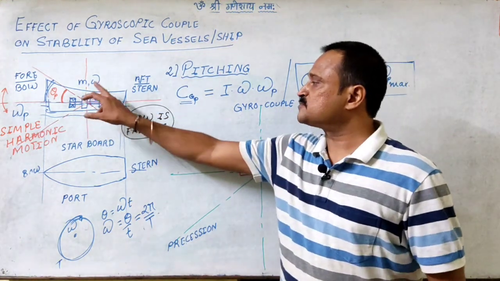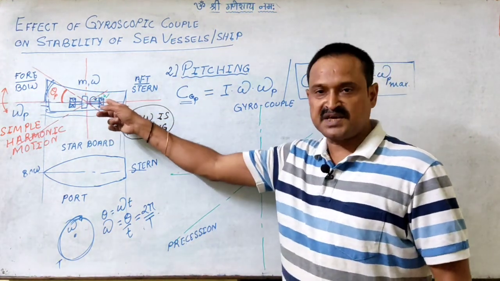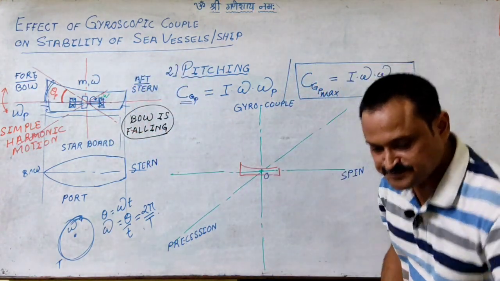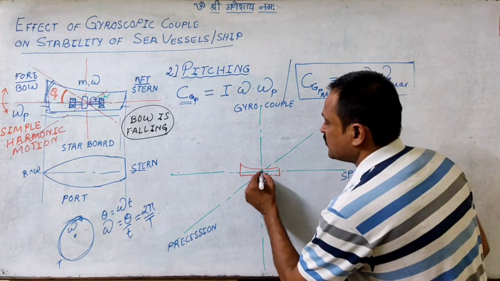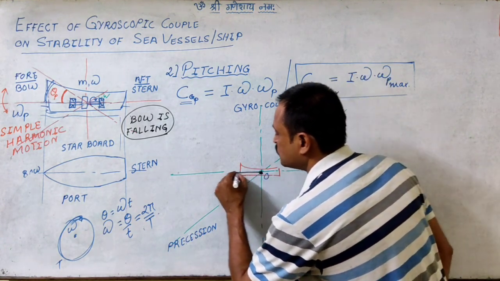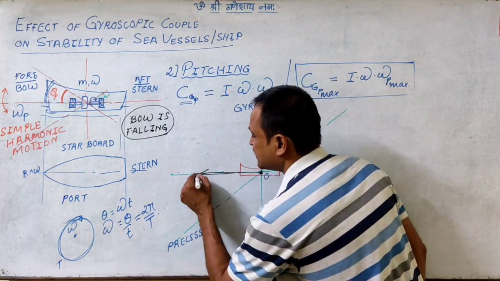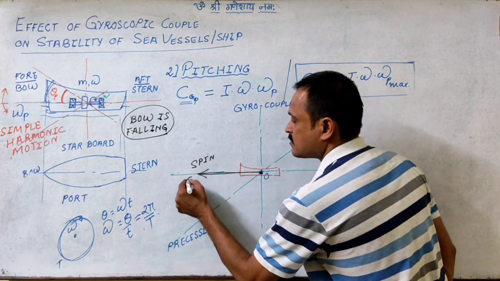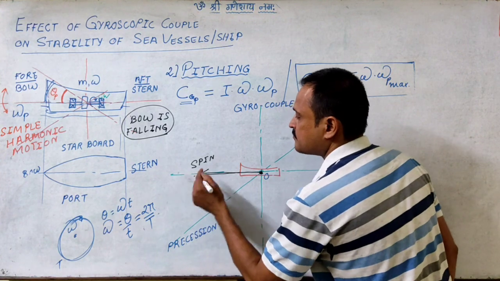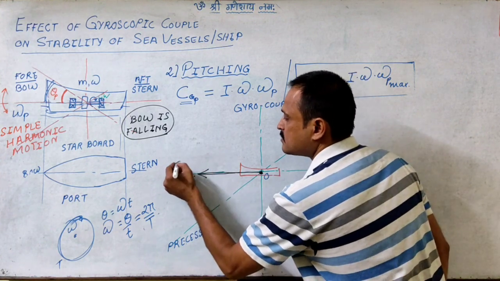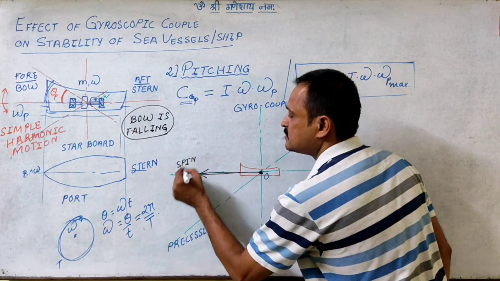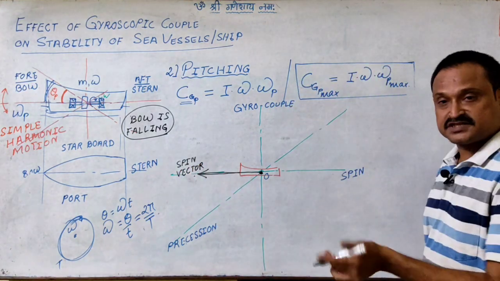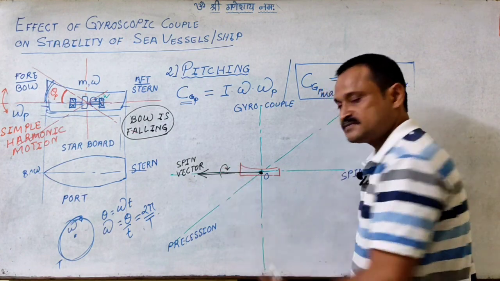The spinning mass is turning clockwise, we have said. So the spin vector is pointing outwards from the pole according to the right hand screw rule. So I get this as the spin vector, which is turning clockwise.